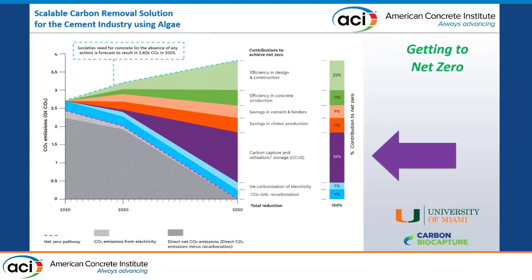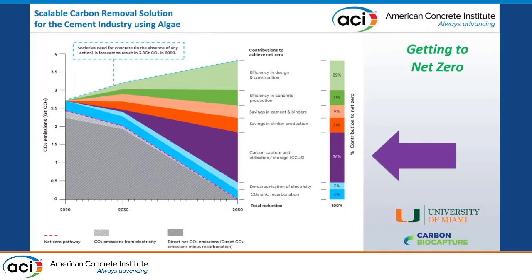CCUS. How many have heard of carbon capture and utilization storage solutions? A lot of them is like throw it inside the soil, right? Sequester it. And concrete that miraculously absorbs CO2, like the magnesium material that you mentioned before, and can sequester CO2, right? So a lot of that's what that third is referring to. We have decarbonization of electricity.